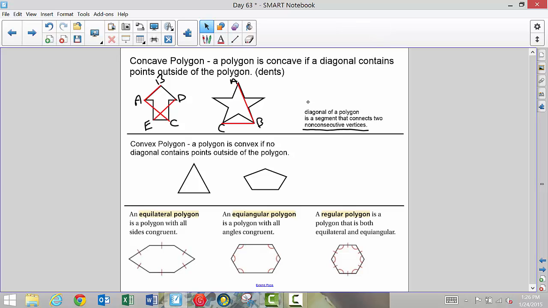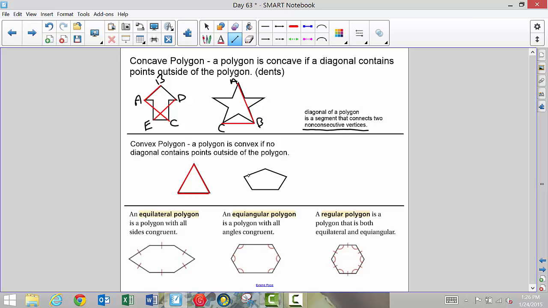The other type of polygon we have is convex, which is a polygon where all the diagonals are contained inside of the shape. So all your diagonals are inside. So you take obviously a triangle. There are no diagonals in the triangle because all endpoints are consecutive.